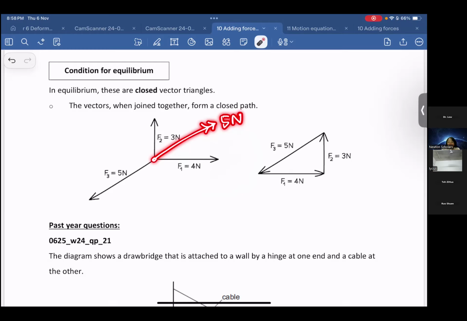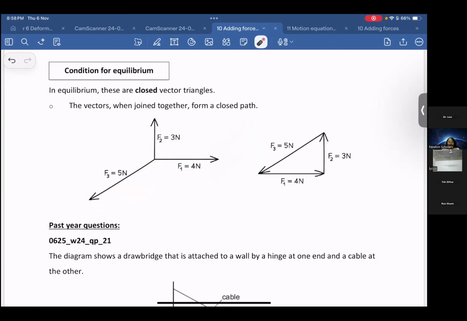equilibrium condition. So like this, supposedly there is a 5 Newton pull because of the 3 Newton and 4 Newton. So right now, in order to balance, there will be a third force pulling in the opposite direction with the same magnitude as 5 Newton. So in this case, you see we have three forces.